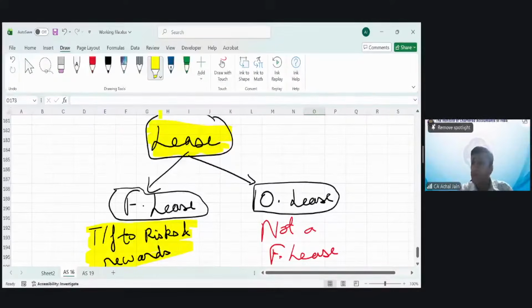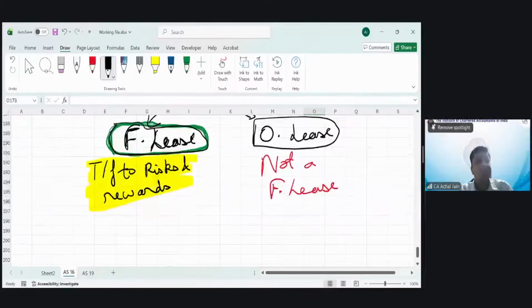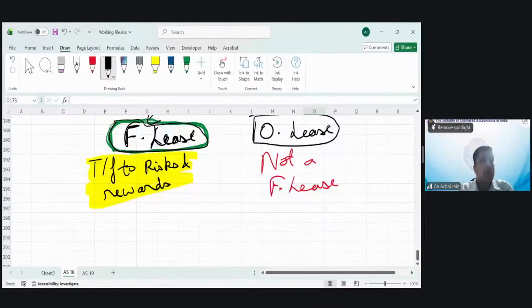Now comes the question that the only way we can check a lease is whether it's a finance lease or not. Correct? So now, how do we check whether a lease is a finance lease or not? So let's get into this assessment now of a finance lease. See, what is the underlying principle in case of a finance lease? Transfer of risk and rewards substantially. Okay. Now, what do you mean by that? How do you check whether it has taken place? How do you get on to that point? Yes or no? So that's the next point.